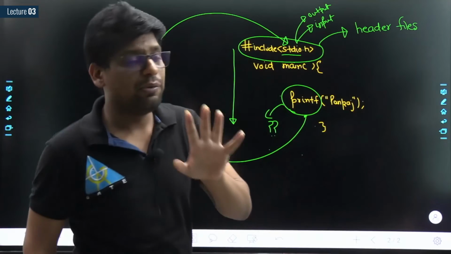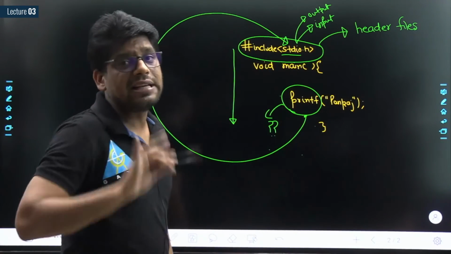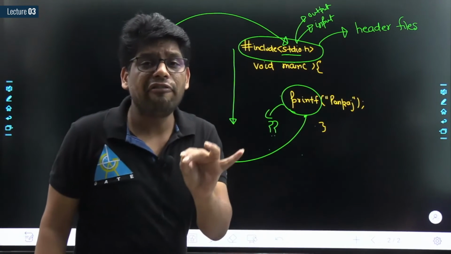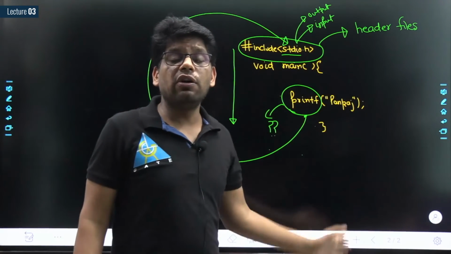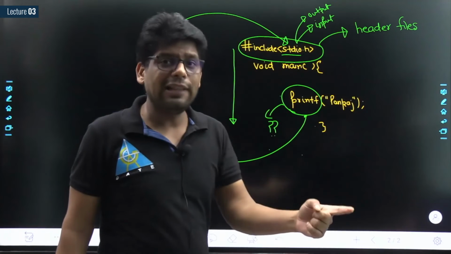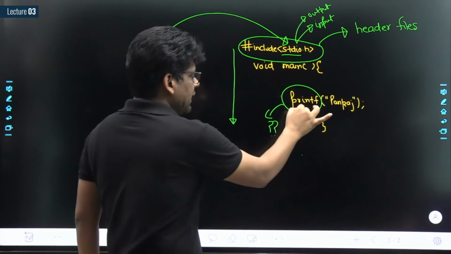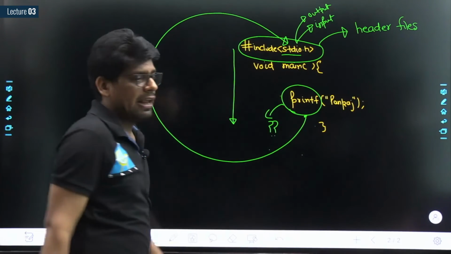In C language, that facility to provide output on the screen is provided by the printf function. But we don't know the working of printf or where the code is. We have to tell the compiler that all the information related to printf is inside this header file.